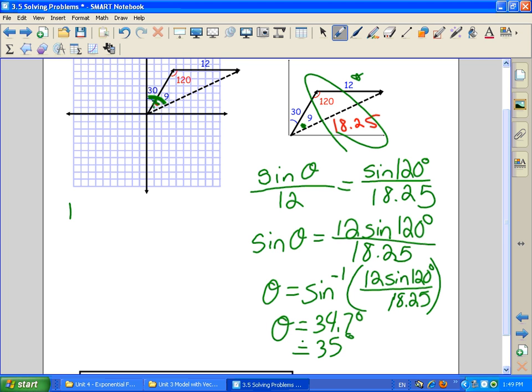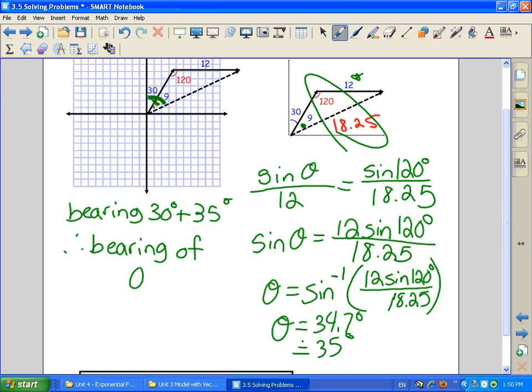So in order to find the bearing, folks, that is going to be 30 degrees, which we already know, plus the 35 degrees. So therefore, the bearing is 065, or you could say north 65 degrees east.